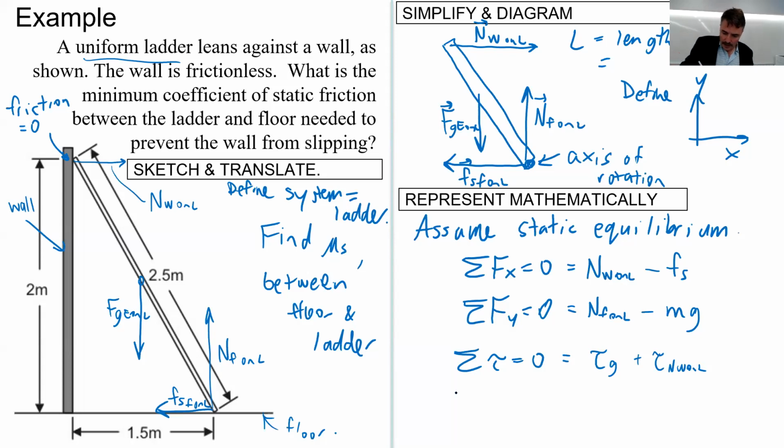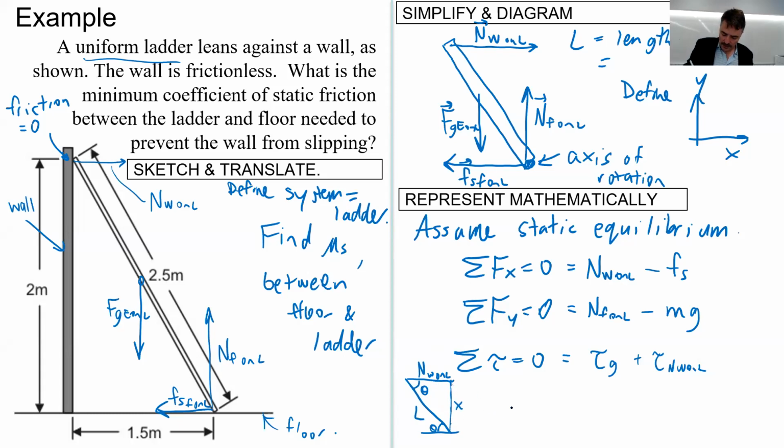So the way I'll do this is I'll find this kind of, if this is L, and this is theta right here, and this is the normal force of the wall on the ladder. So this is theta up here, sort of by the Z rule. Then this distance is the lever arm x.